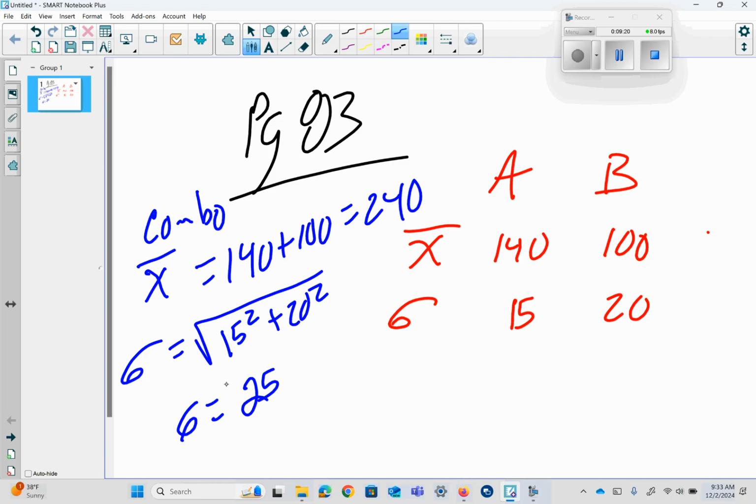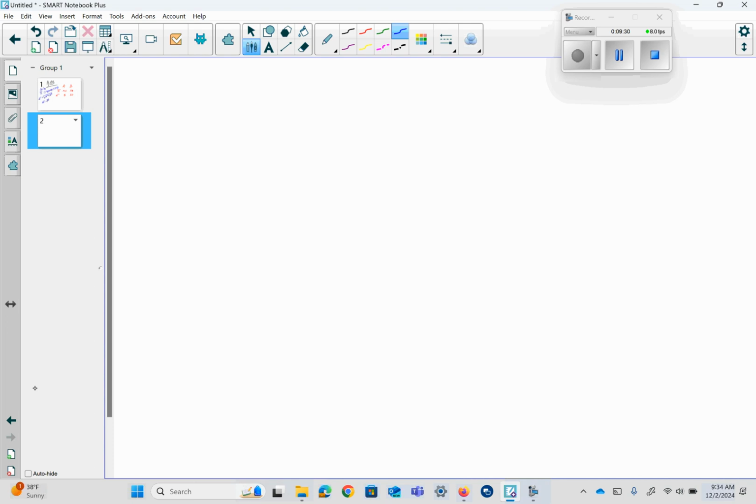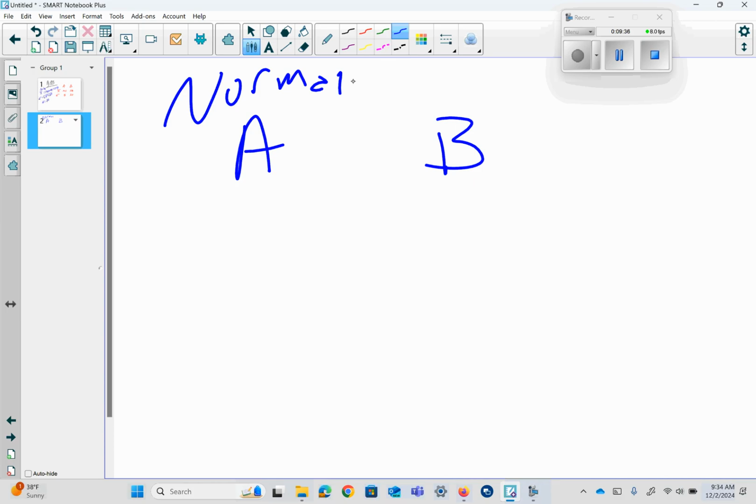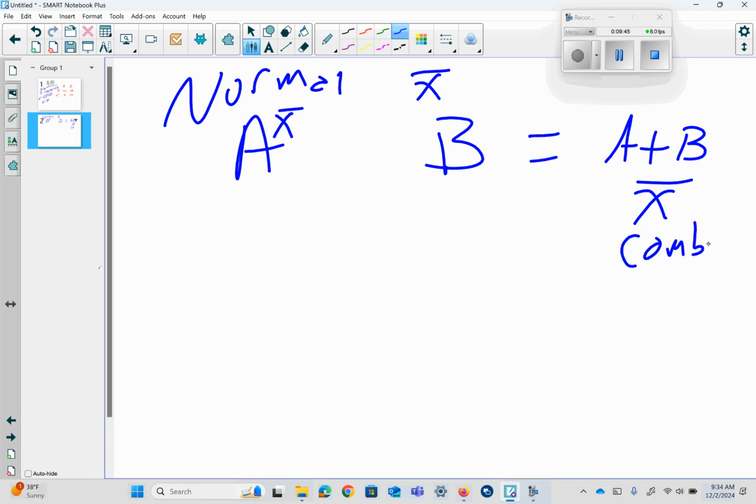So, as of today, all you're doing is combining distributions. If you have event A and event B, and they're both normal, that means A and B can have a combo mean.